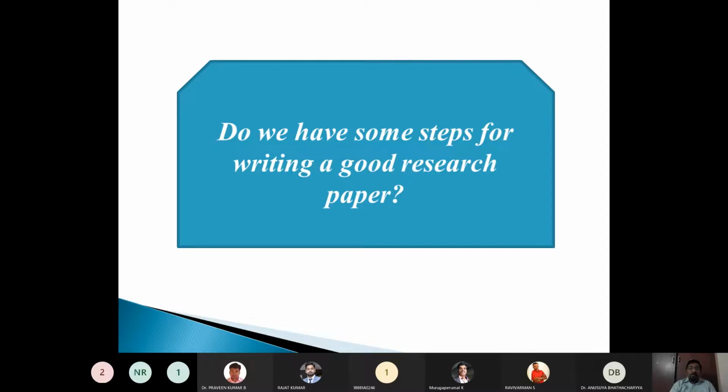I'm again throwing this particular question to the forum. Do we have any standard steps for writing a good research paper? Maybe you might have come across certain standards which say that these are the parts which need to be there so that the paper gets a good readership.